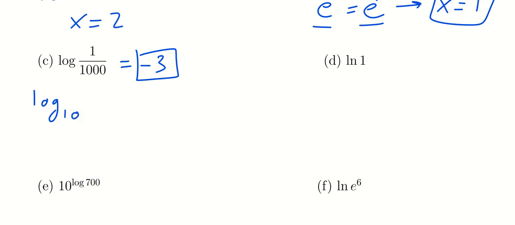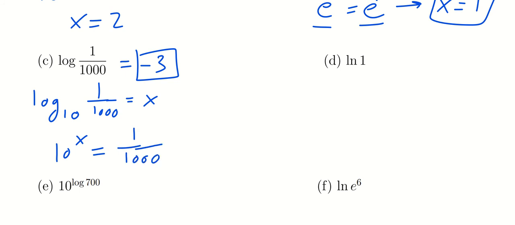Common log is the same thing as log base 10. We have 1 over 1,000. Call it x. The base to the exponent equals the value. And then from here, just known facts. 10 to the third gives us 1,000. To get the reciprocal, that requires a negative exponent. And that's why it's going to be negative 3.